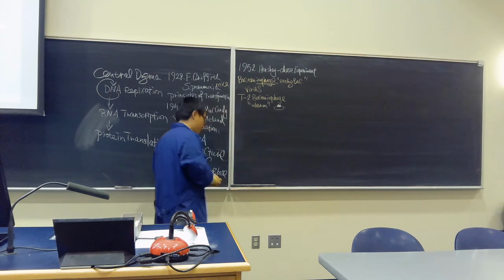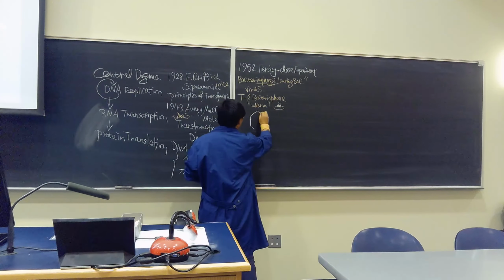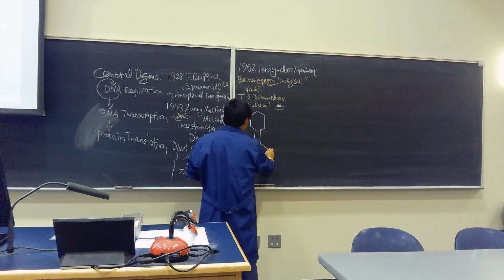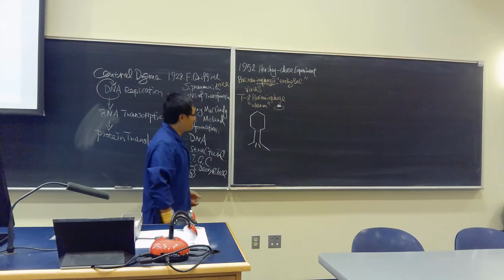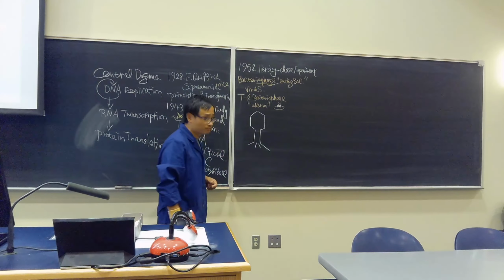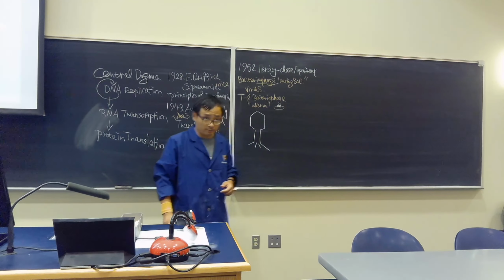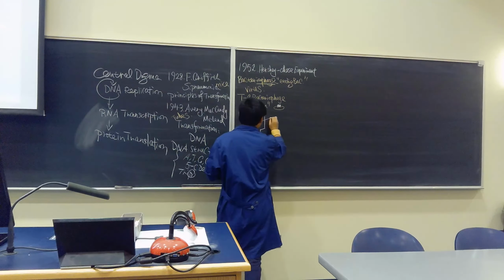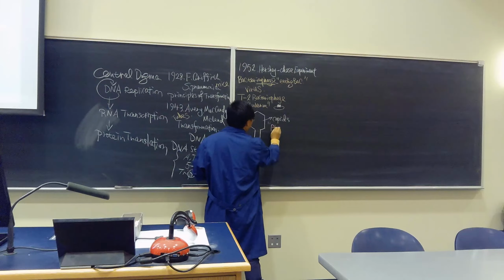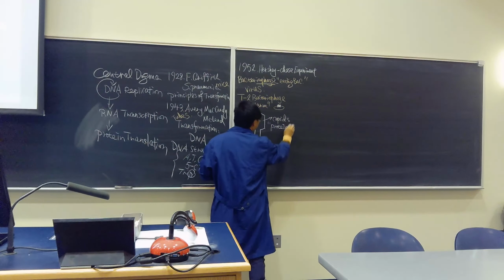So let's talk about what the structure of a phage is. This is a basic structure of a bacteriophage. A bacteriophage is very simple. There are only two major chemical components. Outside here is called the capsid, whose major component is protein.